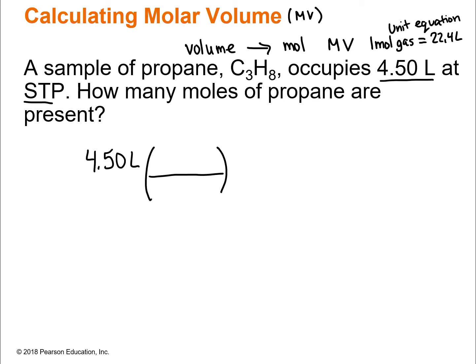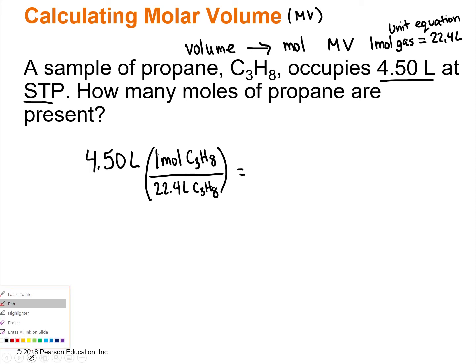We're going to put the 1 mole of gas on top. In this case, we're talking about propane. And the volume on the bottom. Because we're trying to get rid of those liters. So now we should be left with moles.